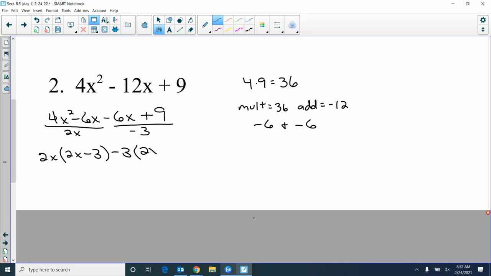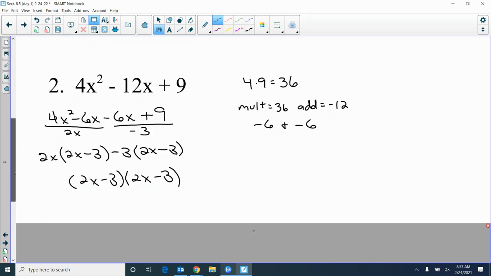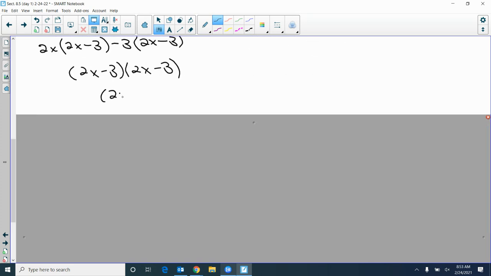That gives me 2x minus 3, and I get 2x minus 3 because that's my first one they share in common. Then I got a 2x minus 3 on the outside. So that's going to give me 2x minus 3 squared for that.